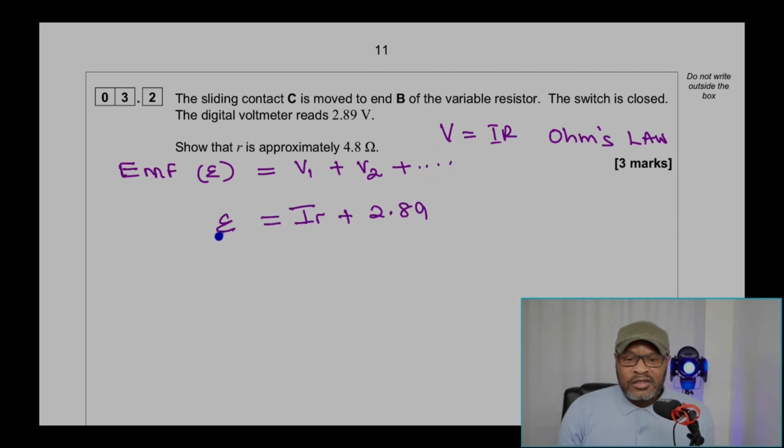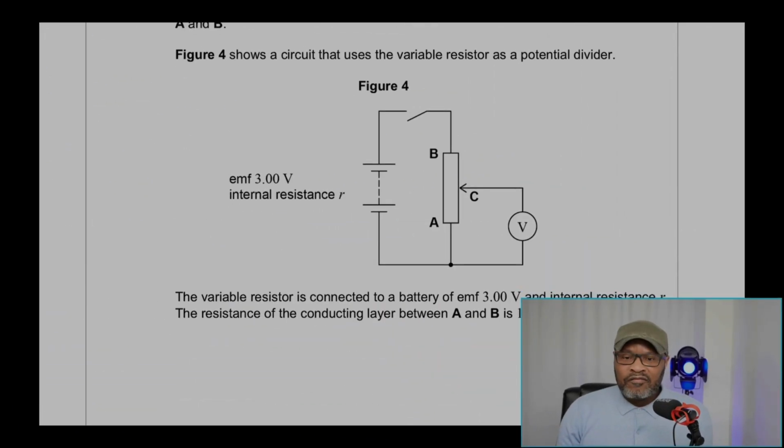So the EMF is V little r, which is current times little r from Ohm's law, plus the total voltage 2.89. Now V2 is I R2, because the current flows in that direction. This is positive, that's negative. The current flowing is in series, so the current is not splitting.